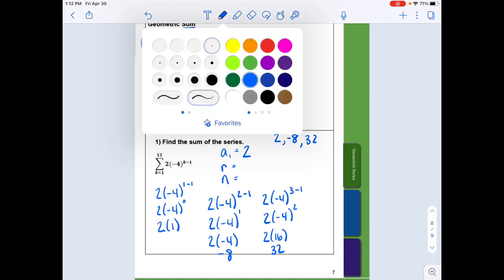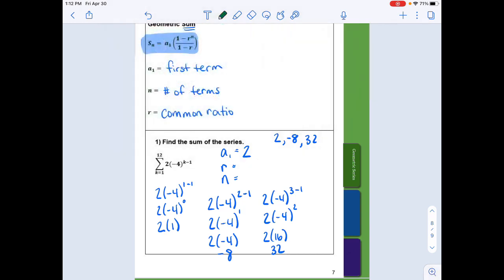Okay, so to find the common ratio, you probably only need to do 2, but I did 3. You take, say, 32 divided by negative 8. That gives you negative 4. You can also check taking negative 8 divided by 2. That also gives you negative 4. So our common ratio is negative 4.